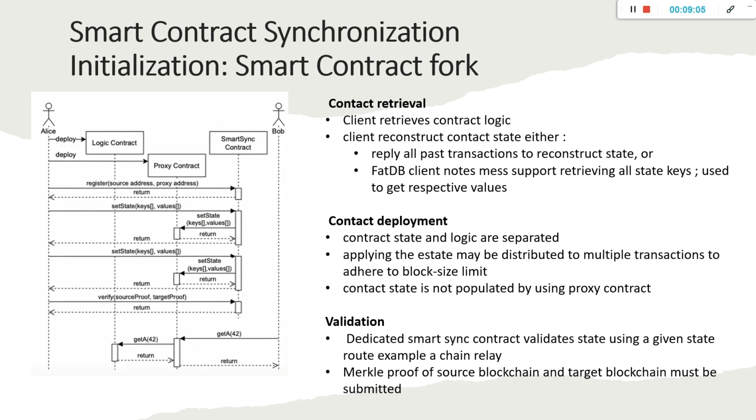In order to retrieve the state, sometimes there is a naive approach, but mostly the FatDB client nodes process is applied, which is much more efficient. And when both the logic and the state are retrieved, then it is deployed in the target.